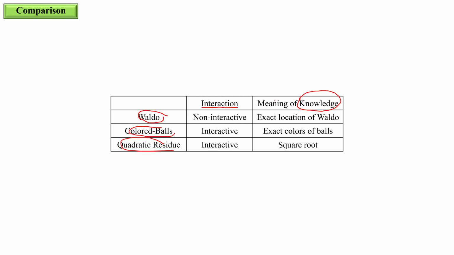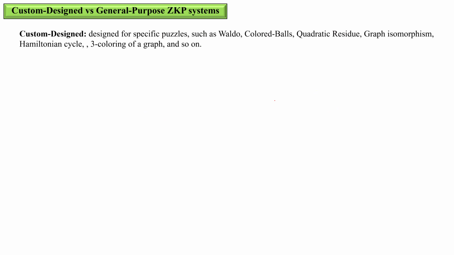Okay. So now we want to talk about two general categories of ZKP systems: the custom design ZKP system and the general purpose ZKP system. The first one is the custom design ZKP system. Those are ZKP systems that are designed for specific puzzles, like the protocol that we designed for the Where's Waldo puzzle, and the protocol that we designed for the color ball puzzle or for the quadratic residue.